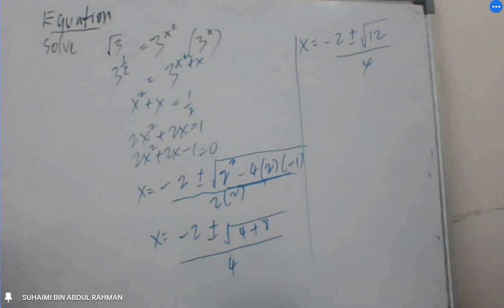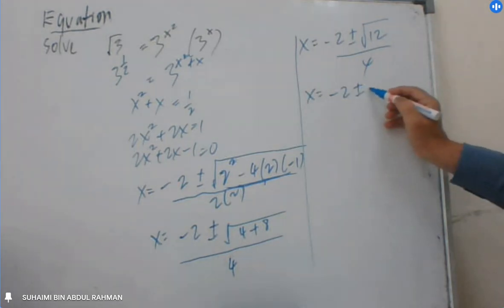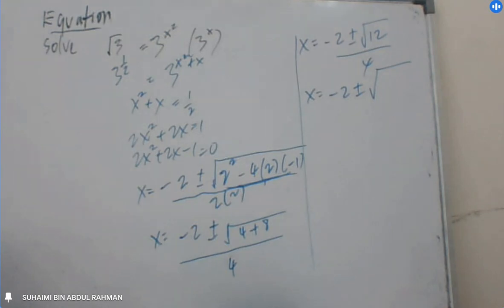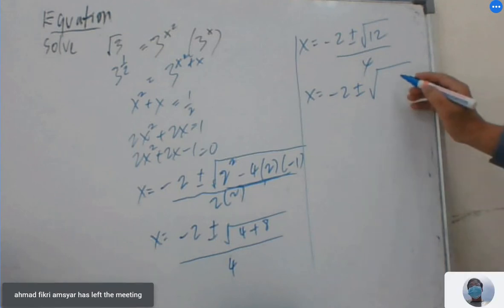Any question? x is minus 2 plus minus. I will change the square root of 12 to square root of what? Three times 4.